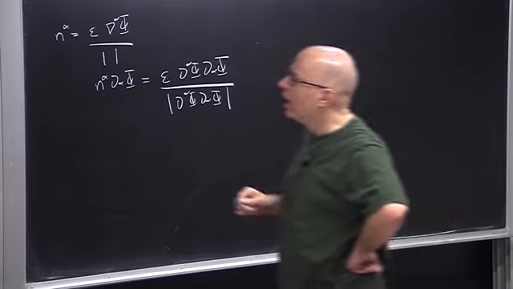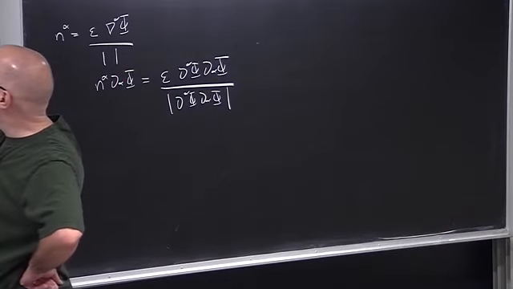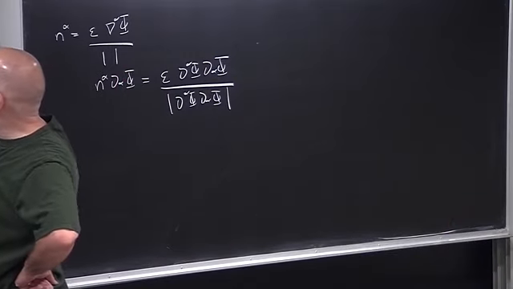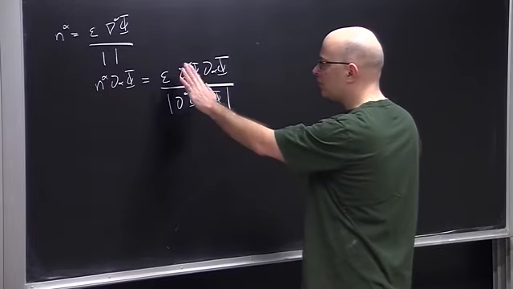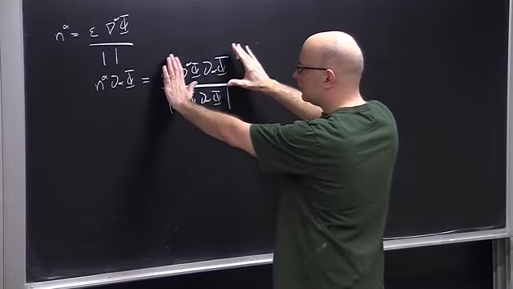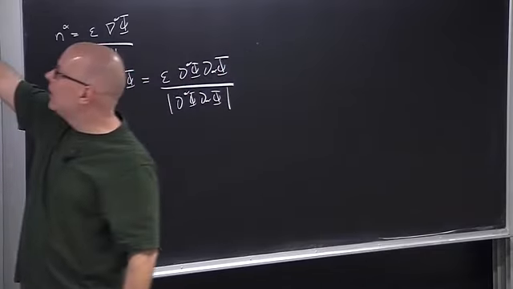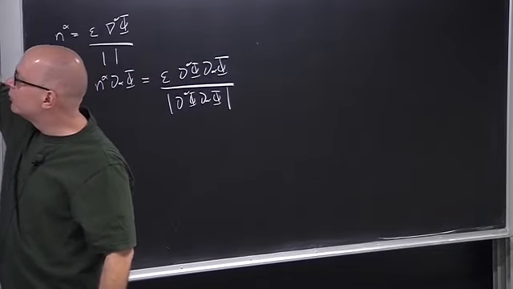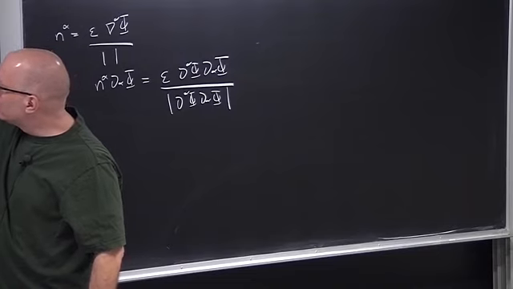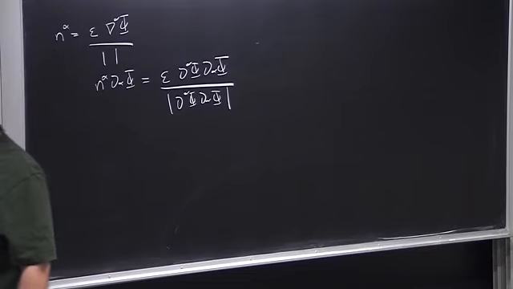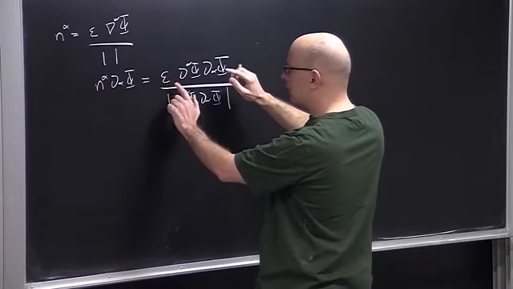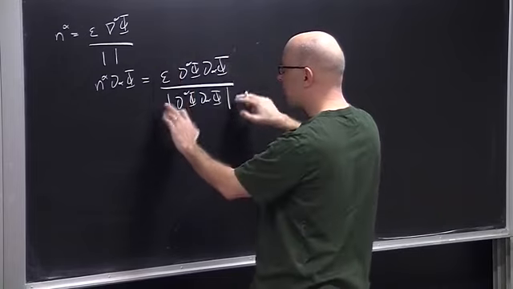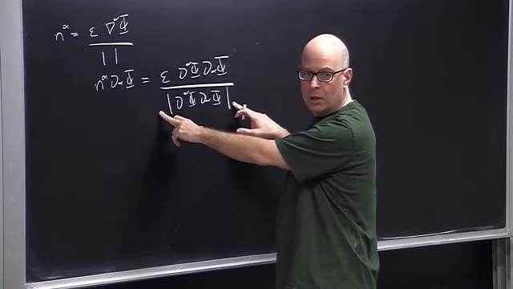So if we're dealing with, let's do this case first, if epsilon is +1 and we're dealing with a time-like surface, that means that the norm of grad phi is positive, right? So if the norm of grad phi is positive, then this epsilon is 1, and this is equal to its absolute value.